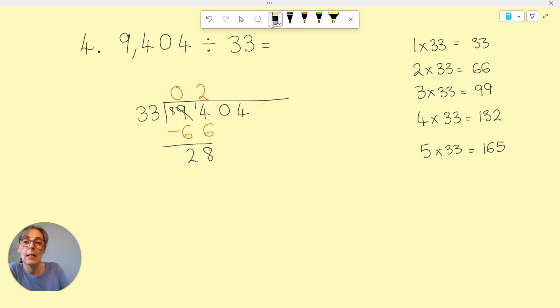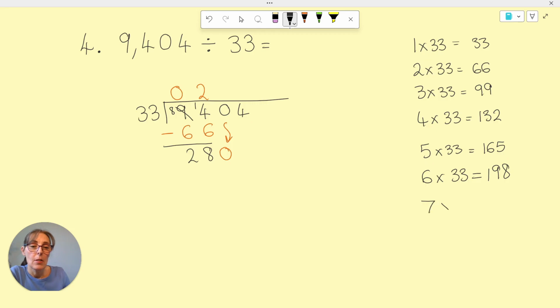I'm looking at that and it feels like it's a -6, not a take away, so I'm just going to move it away a bit. So we're going to bring down that 0. Now we've got 280. We need to go up a bit, don't we? 6 times 33 is 165, 75, 85, 95, 98. Is that right?